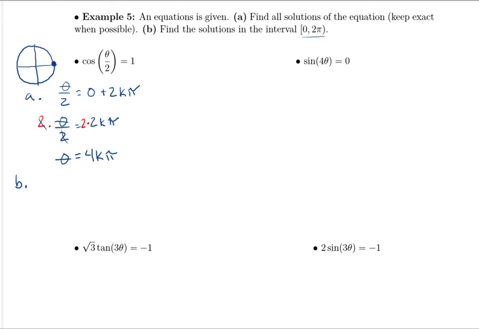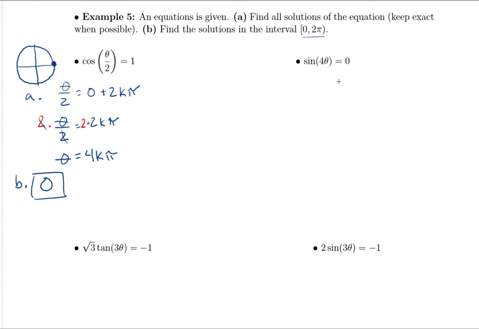We said 0 is the only place on the unit circle that that's going to happen, or 2 pi, or 4 pi, or negative 2 pi, right? So just multiples of, well, excuse me, when I get down here, it's multiples of 4 pi, not just 2 pi. So definitely 0, but if I let k be 1, then that's 4 pi, and that's bigger than this, right? And I can't go negative either, so my only answer here is 0.